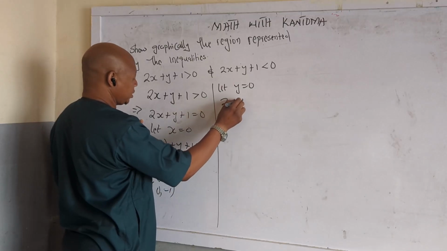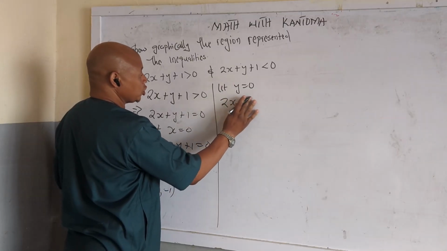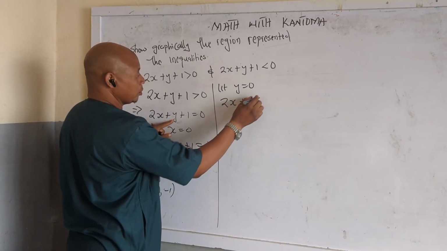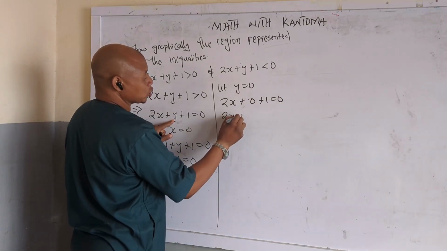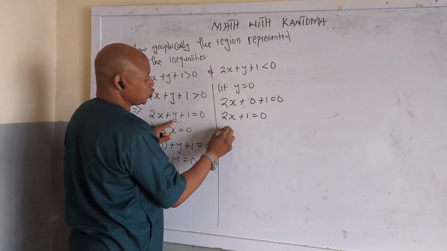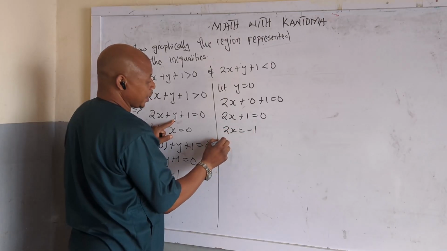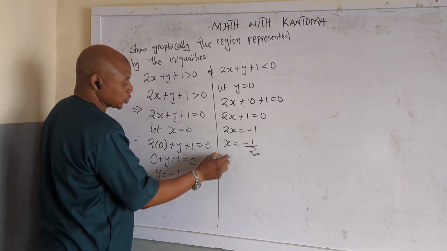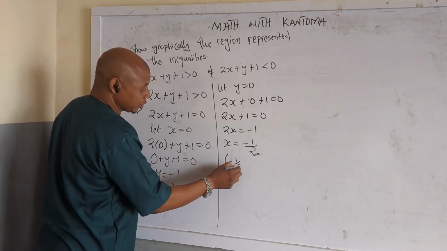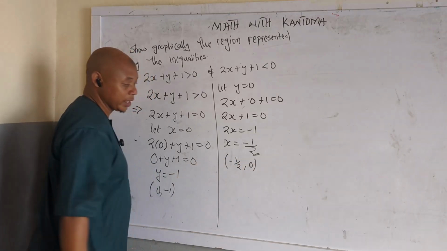So we have 2x plus 0 plus 1 is equal to 0. So 2x plus 1 is equal to 0, 2x is equal to minus 1, and x is equal to minus 1 over 2 if you divide both sides by the coefficient. So when x is minus 1 over 2, the corresponding value of y is 0.